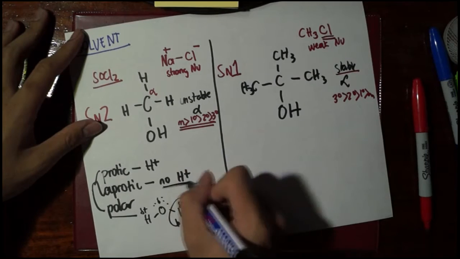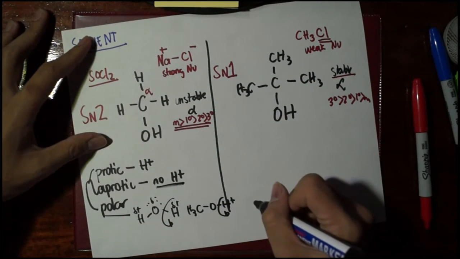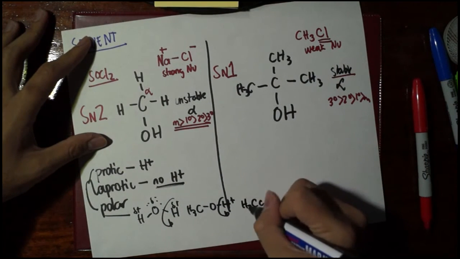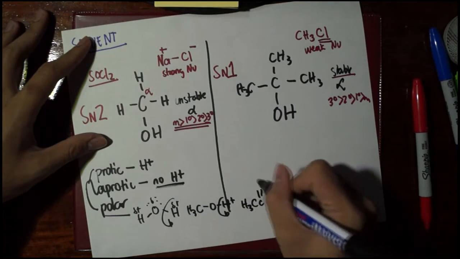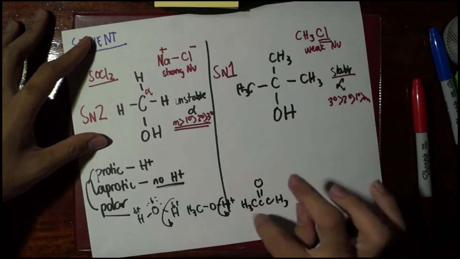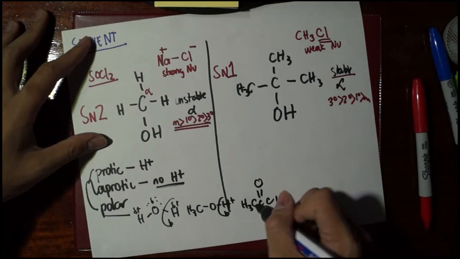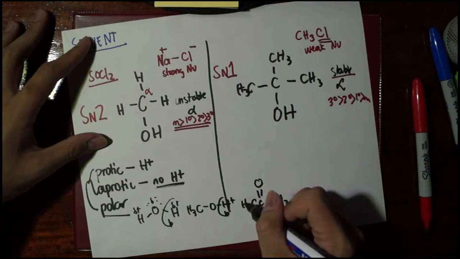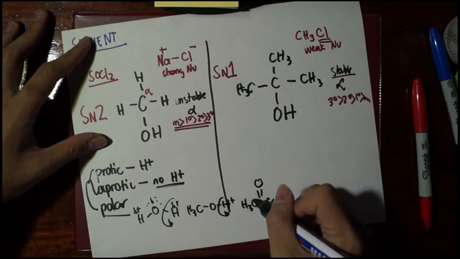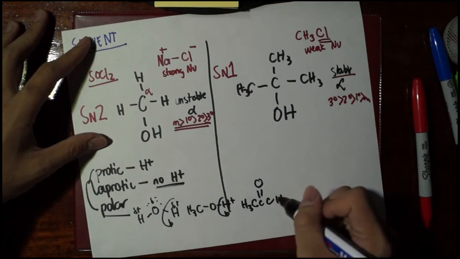Now, an example of an aprotic solvent, no H, is acetone. Acetone is something like this: H3C, then C=O. This one cannot release hydrogens. Why? This carbon has 3 hydrogens bonded to it, but they can't be released because C-H bonds are non-polar, right? As well as this.